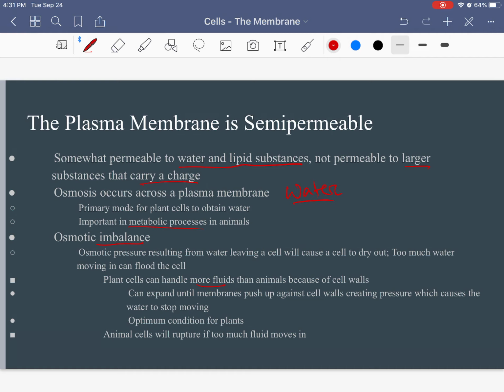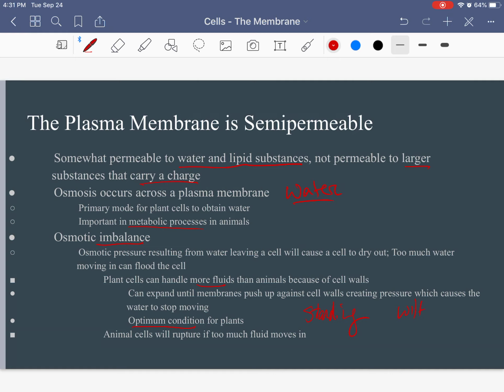They will expand until the membranes push against the cell wall and create pressure. It's called turgor pressure. In fact, this is where plants want to be. This is how plants stay standing. If plants lose too much water, they will wilt. And that wilt is because there's not as much water inside the cell, causing them to stand up.